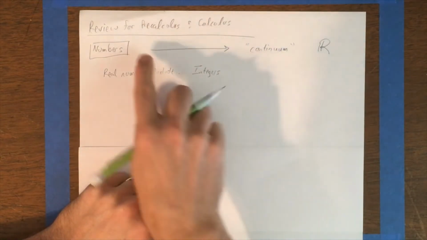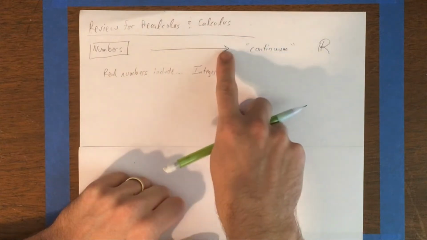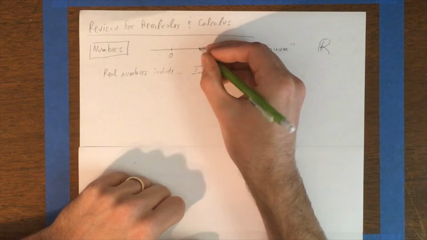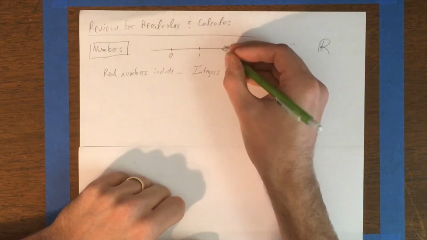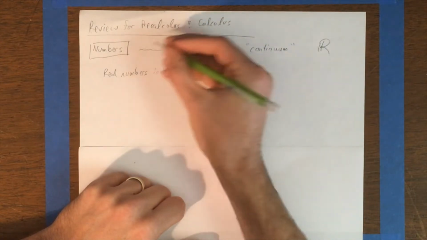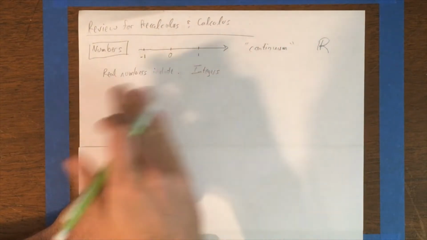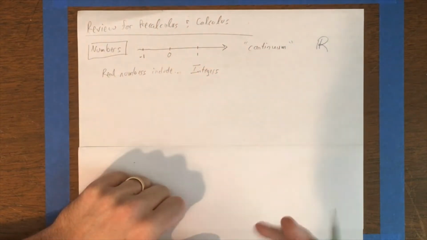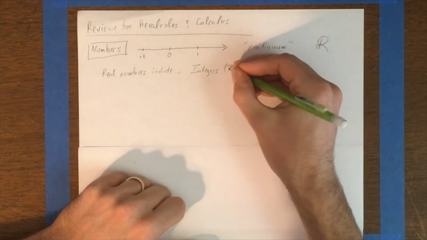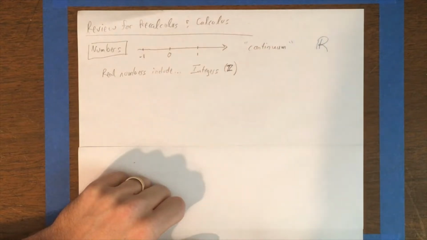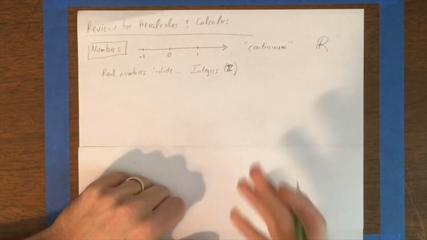In our continuum here, which I've drawn as a number line, somewhere we're going to have 0, and somewhere we'll have 1, and back here somewhere we'll have -1. Positive numbers on the right, negative numbers on the left. So yes, our real numbers include integers. And for integers, by the way, the symbol Z represents the set of all integers.